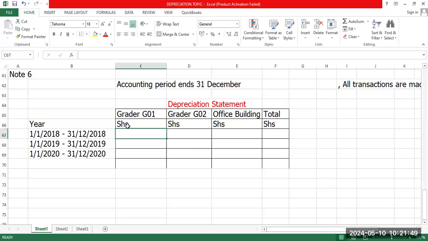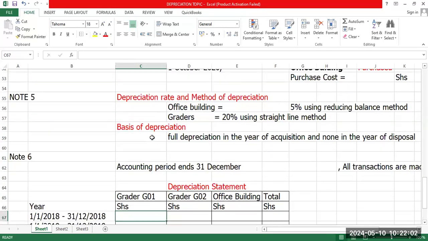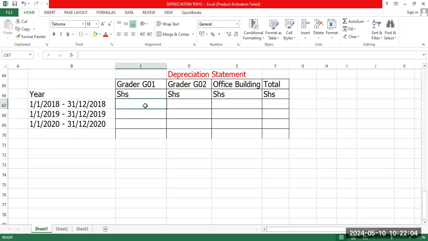Now, we need to know what is the depreciation for grader 01. In the year 2018, what is the depreciation for grader 1? And when you're looking for depreciation, of course, ask yourself, did you have this asset in this year of income or not? If you didn't have the asset in this year of income, you cannot look for depreciation.